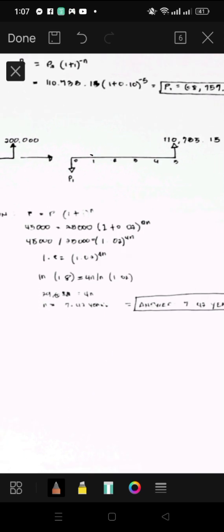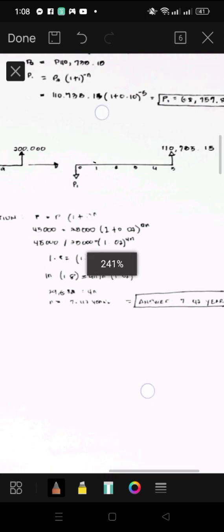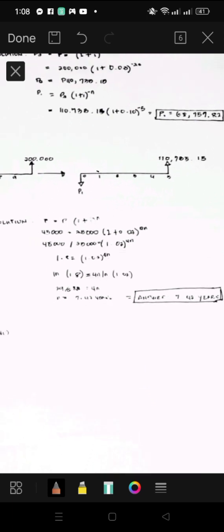Let's use the shift solve technique. Enter 45,000, alpha calc, then 25,000 times the quantity 1 plus 0.02 raised to the power of 4 alpha x, then shift solve, and equals.